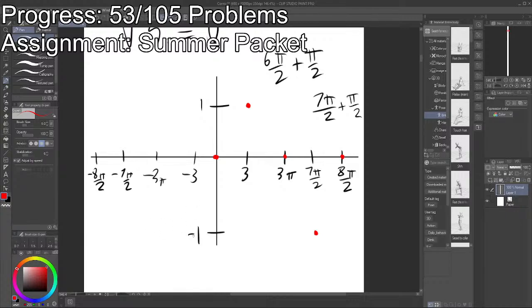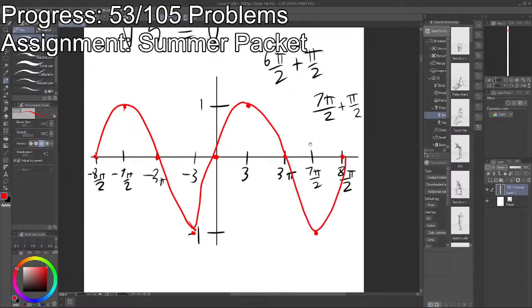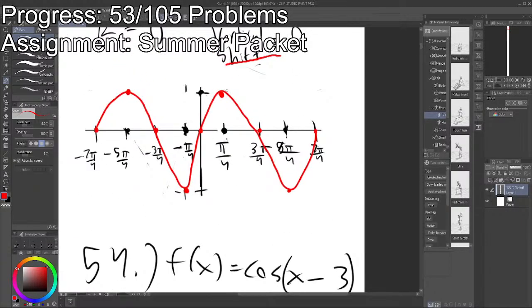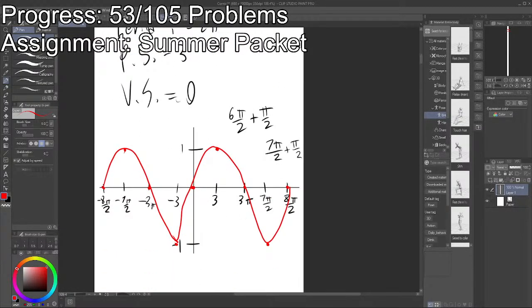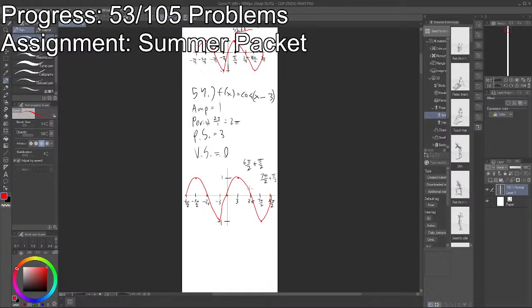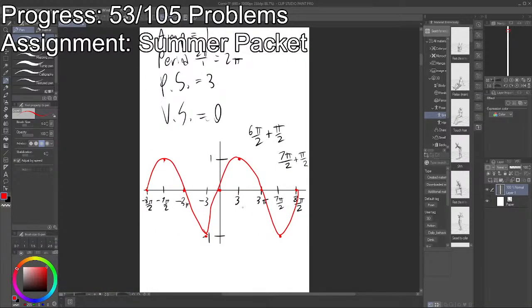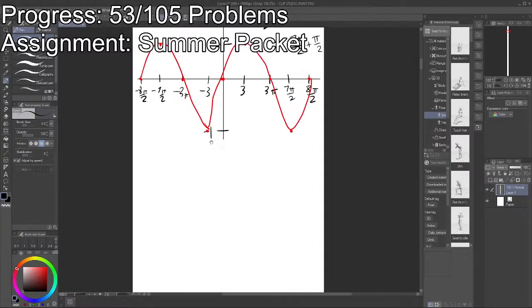No, this goes below. Goes to -1. I might have made the same mistake on the one up top. I'll have to check again. That's good. Alright. So that should be it, right? Yep, okay. 55. Let's go.